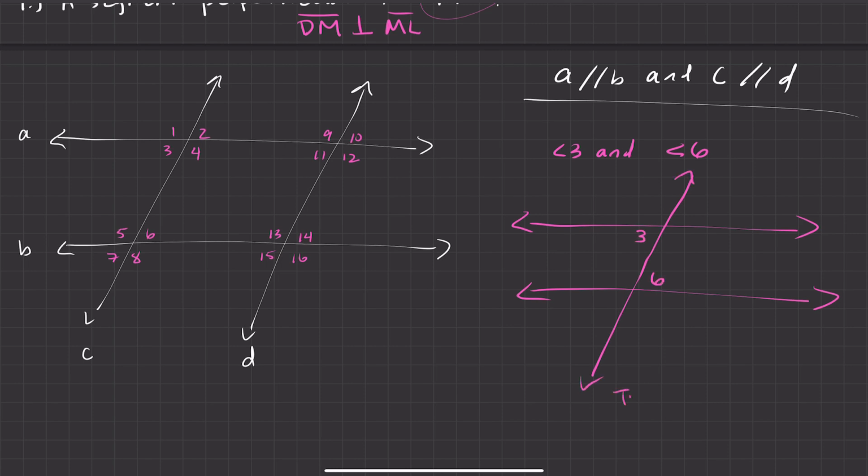This is my transversal, line C. Just by looking at the relationship between 3 and 6, they are on opposite sides of the transversal, and they are both inside, interior. It creates that weird looking Z, so you know that I'm dealing with alternate interior angles. And remember, alternate interior angles are congruent.